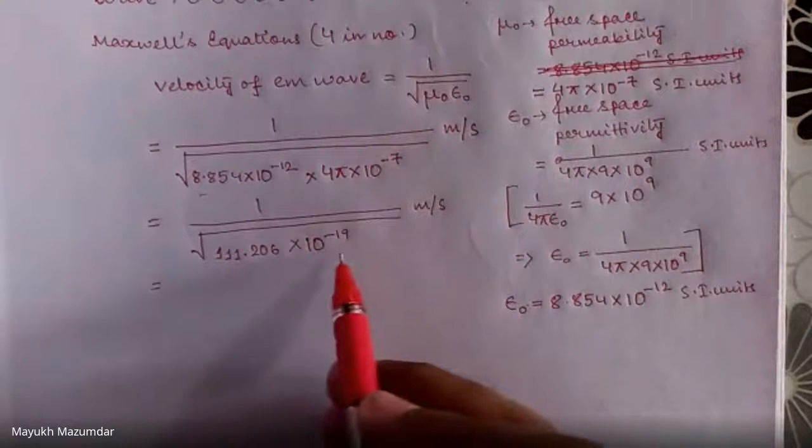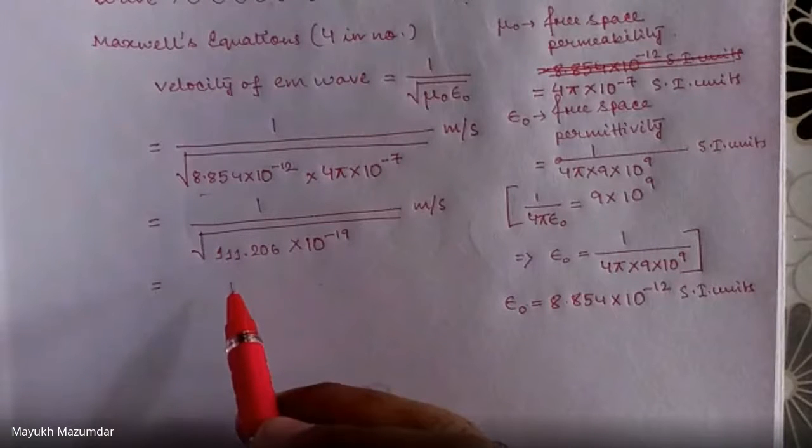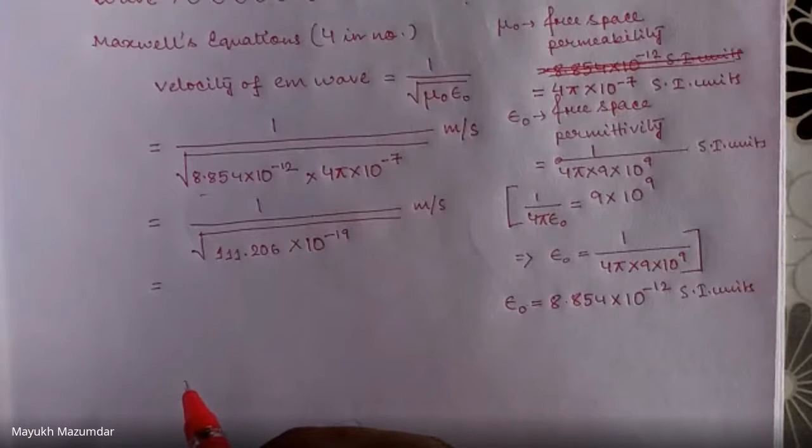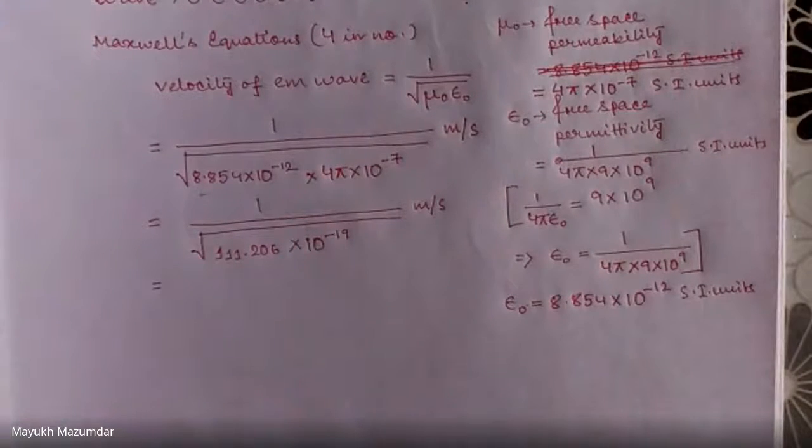This entire thing. Does no one have a scientific calculator around? So I'm getting 111.2626. Okay. So do this thing, the entire calculation now you do. 1 divided by root over this one. This is the only exercise you need to do here.